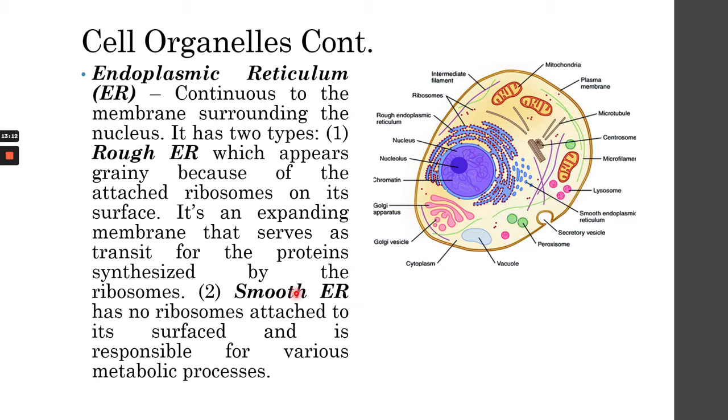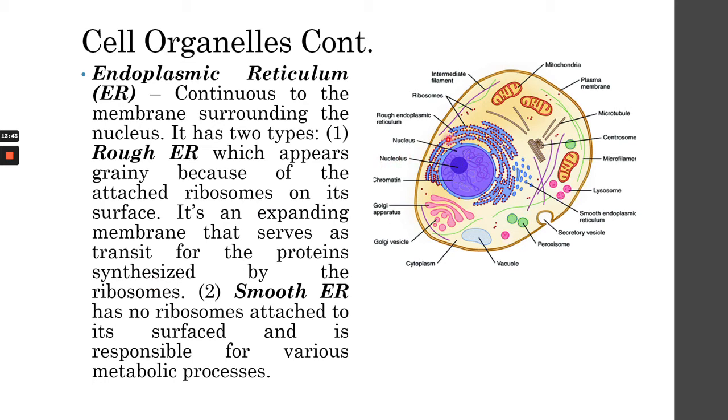So yung basically difference lang nila is that the rough endoplasmic reticulum looks grainy under the microscope because of the various ribosomes attached to it. Yung smooth endoplasmic reticulum does not have any, as you can see here, it does not have any ribosomes attached to it. So yung function ng rough endoplasmic reticulum is serves as the transit for proteins synthesized by the ribosomes.